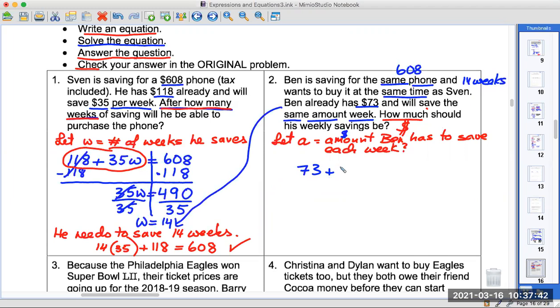So A times 14, and he has to get $608 as well. But this right here does not look right, so I'm going to rewrite it the way algebra should be: 14a. Solve. So this is your equation. A times 14 is 14a in algebra.